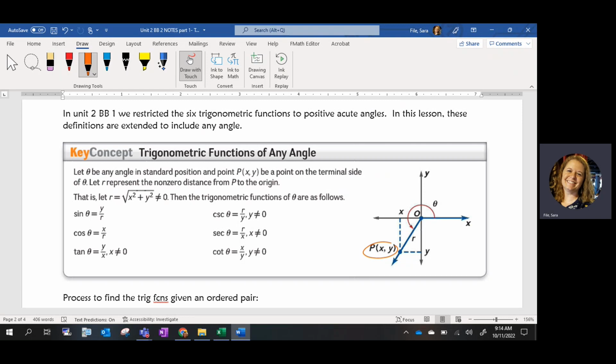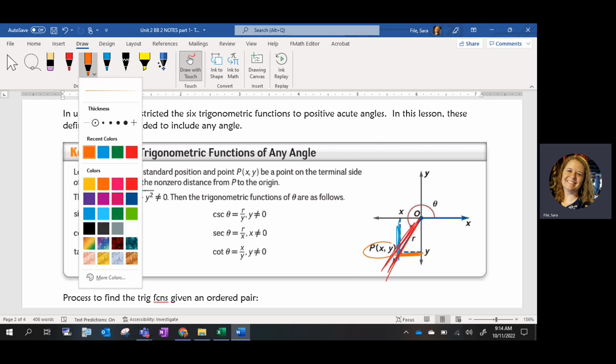The X value is this distance here, and the Y value is this distance here. And then if you were to draw a ray, the terminal side of an angle, through that point from the origin, we'll call that R. And then you can create a right triangle where your reference angle would be right here.